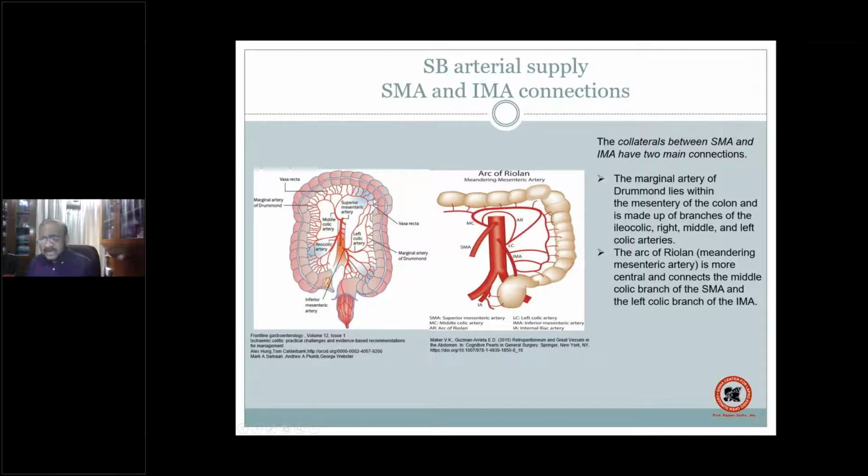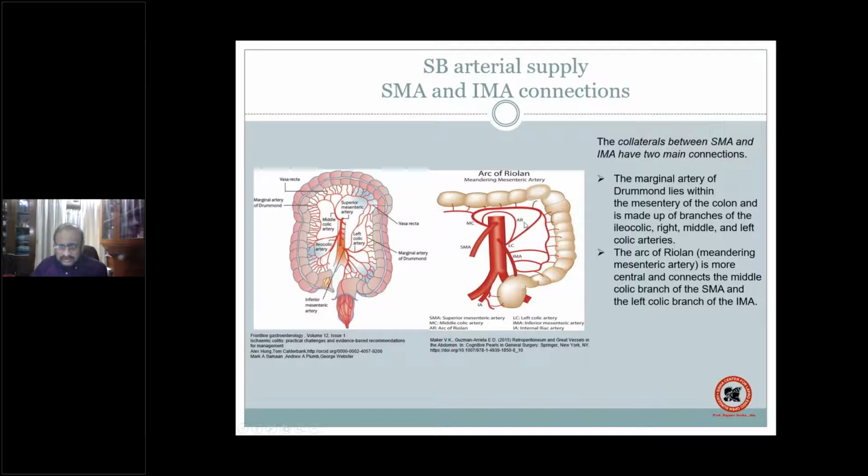Now, what is this arc of Riolan? The arc of Riolan is also known as the meandering mesenteric artery. See this vessel. Can you see the arc? Now, that is the arc of Riolan. It exists inner to the arterial arcade which we just talked about. This is basically a junction between, see, this is the middle colic coming from the superior mesenteric, and this is the left colic.